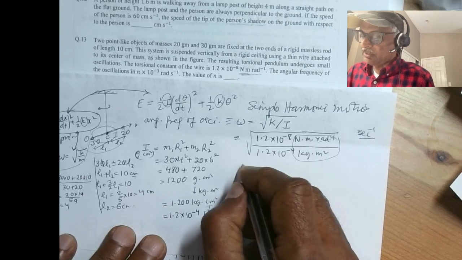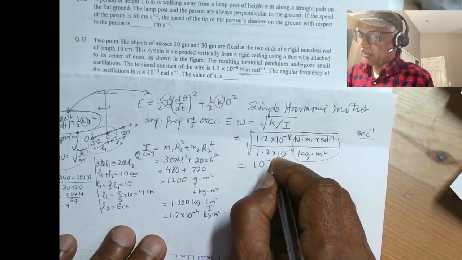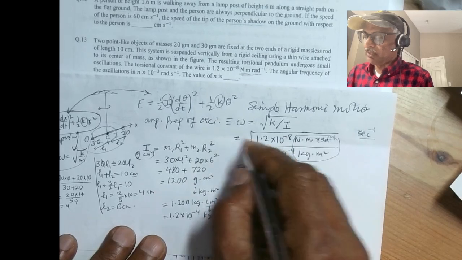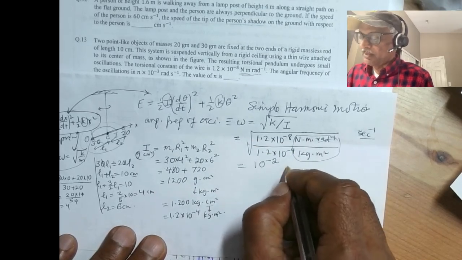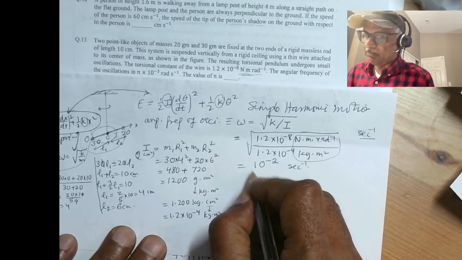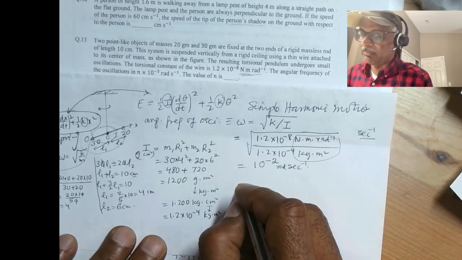So the whole thing has become 10 to the power minus 2 after cancelling out and taking a square root, per second.